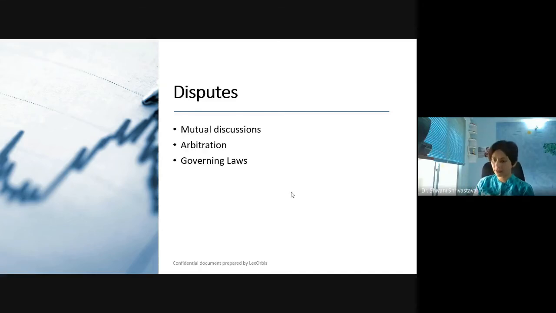At the time of signing the agreement, the royalty amount was discussed as 25%, but because the sale is not happening in a better way, or the licensee is not able to sell the products as planned earlier, they both can sit and discuss the reasons because of which the licensee is not able to pay the royalty. I need more time. So these are mutual discussions, and if both the parties agree after the discussion, the dispute can be resolved with this.